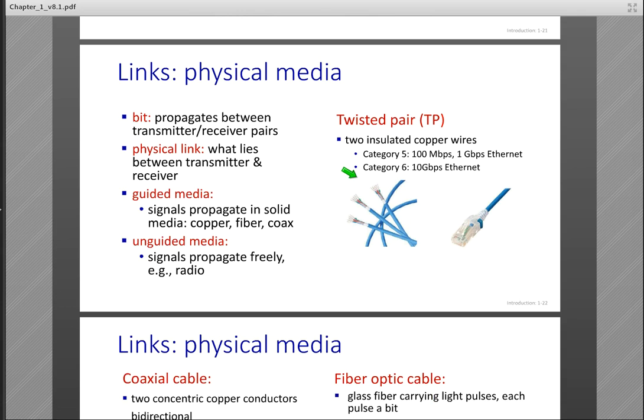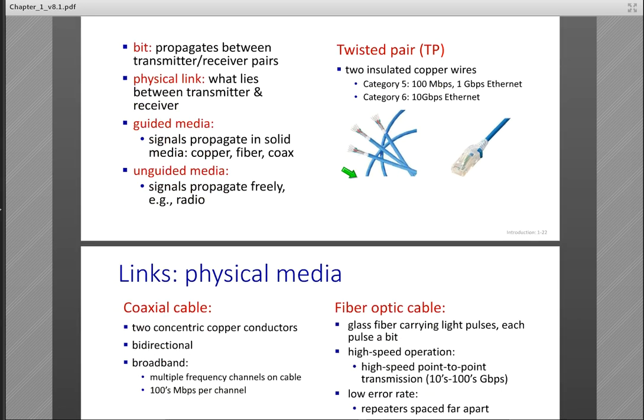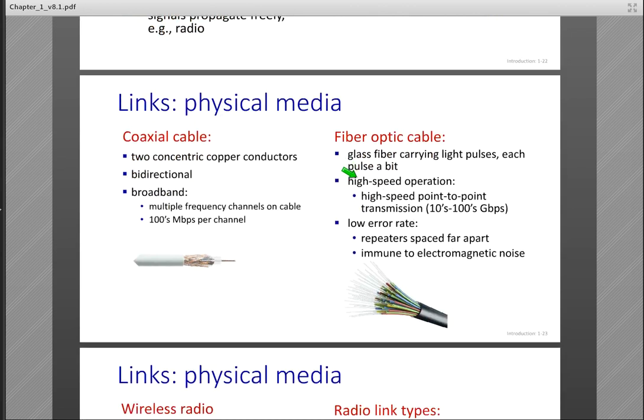If you look around yourself, you can see that in most places we are using twisted pair cables.